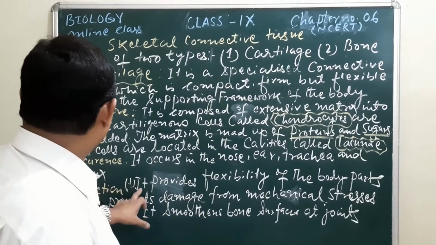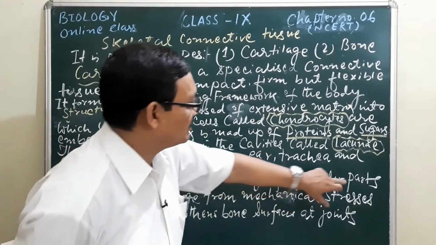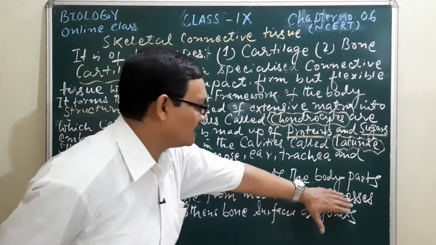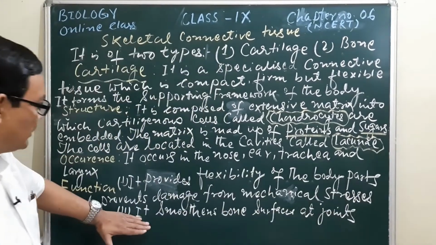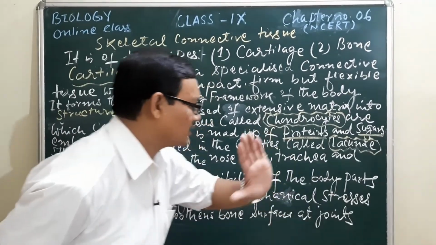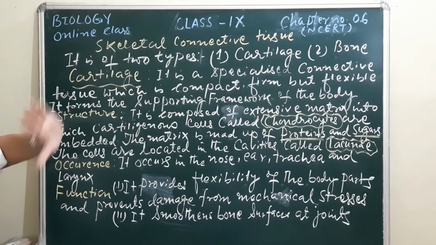It provides flexibility to body parts and prevents damage from mechanical stresses. It smoothens bone surfaces at joints. So this is the short description of cartilage.